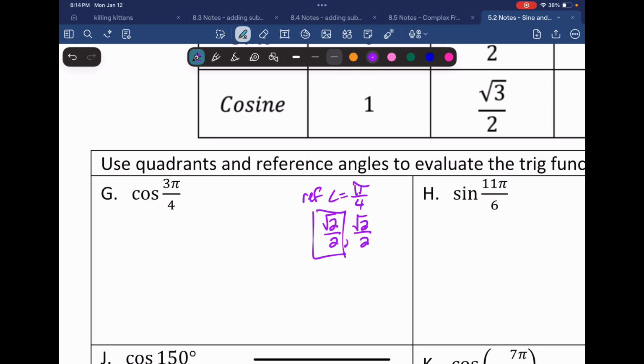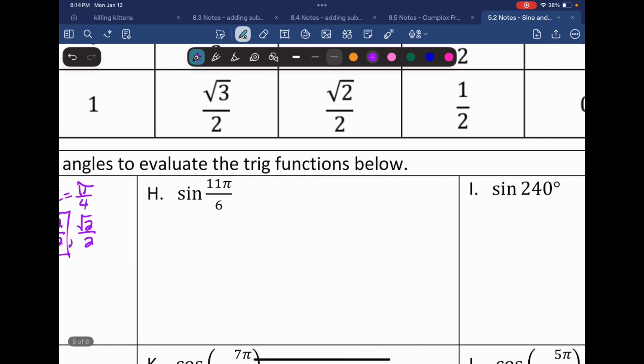Next, this is 3, which is 1 less than 4, so this puts me in quadrant 2. So my x is negative. So cosine 3 pi over 4 is negative root 2 over 2.